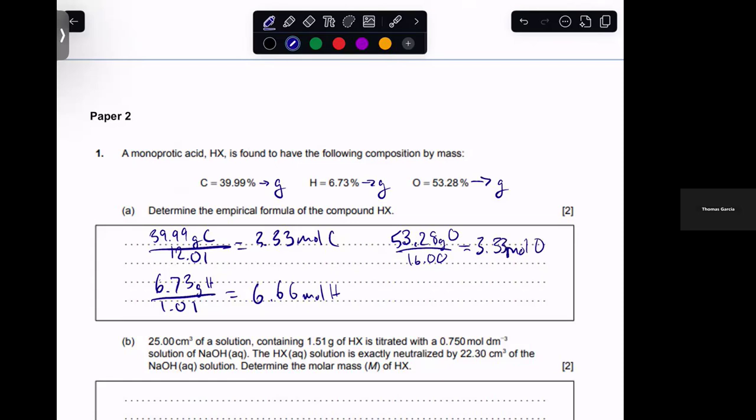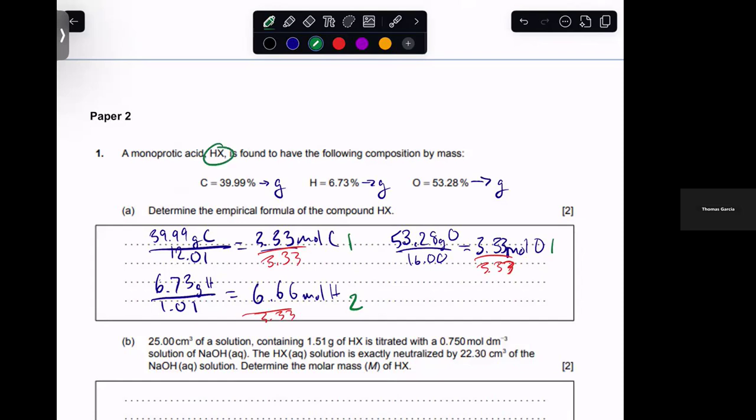So when you see this, you can divide by the lowest amount, which was 3.33, 3.33, and 3.33. And we find that we have two H's, one carbon, one oxygen.